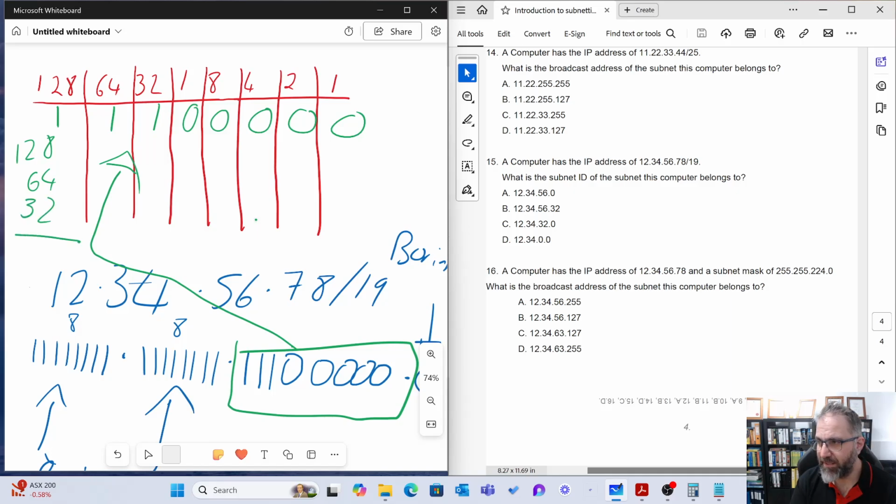Let's do some maths here. 8 plus 2 is 10, plus 14. Put a 4, carry the 1. Yeah, there's no easy way to do this. There's 3, 9, 12. Carry that, and that's 224. That is our network mask for the third octet.